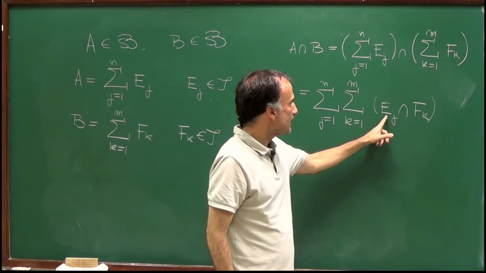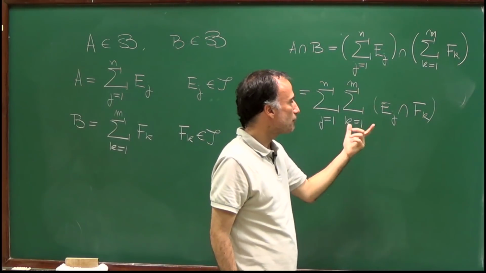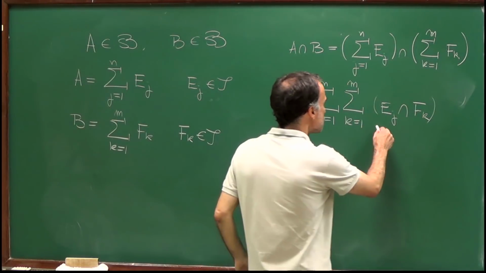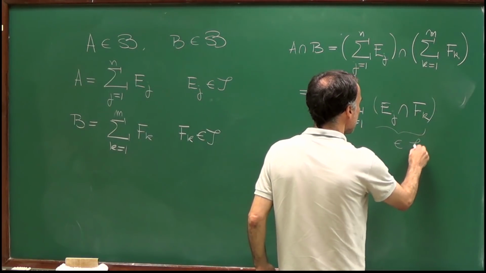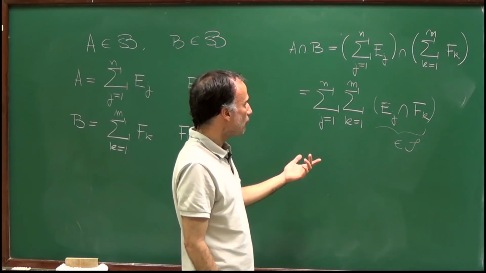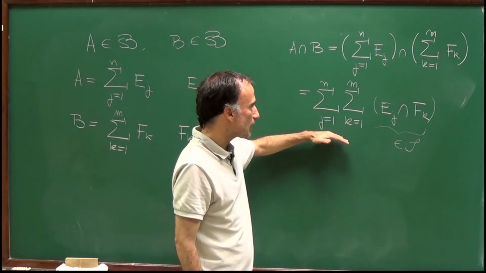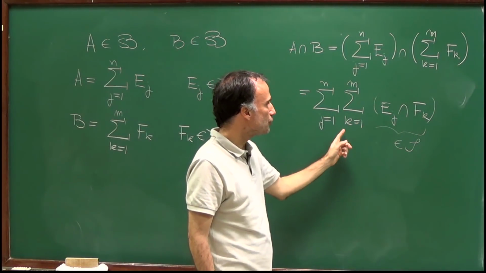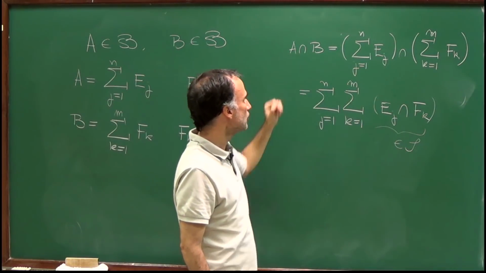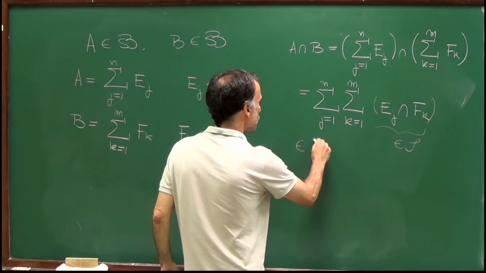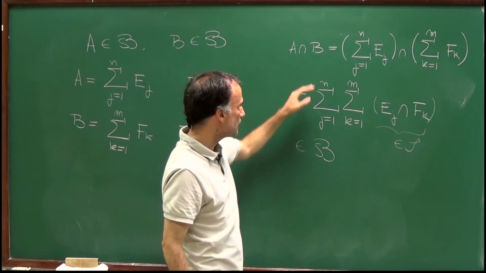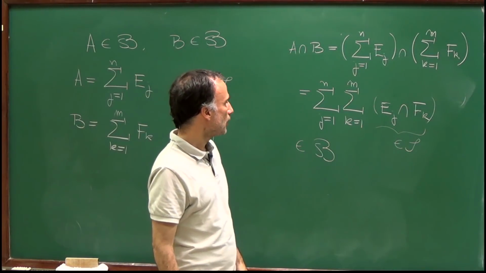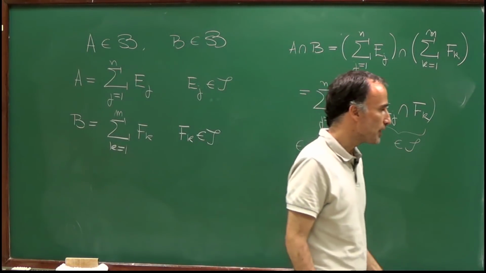On the other hand, E_J and F_K are elements of the semi-algebra, and this semi-algebra is closed by intersection. So this intersection is an element of S. And therefore, by definition of the class B, this set, which is written as a finite disjoint union of elements of S, belongs to B, which proves that A intersection B indeed belongs to B. And this is the second property of an algebra.